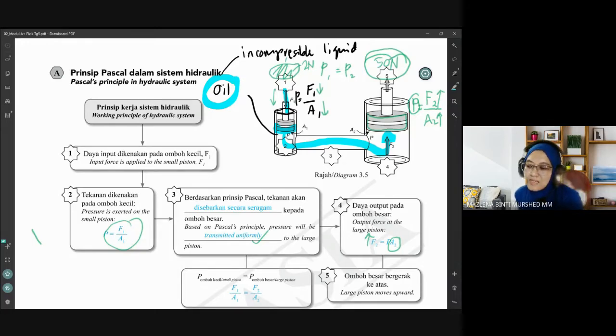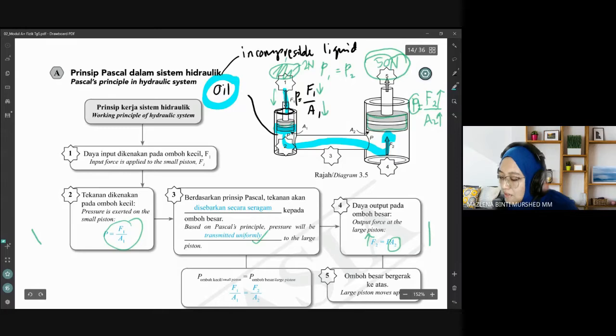We can see that there is a multiplication of force, a large multiplication of force at the second piston. You can calculate the ratio. So one of the benefits of Pascal's principle in the hydraulic system is that you can multiply force, due to the ratio of the area of the small piston and the area of the bigger piston.